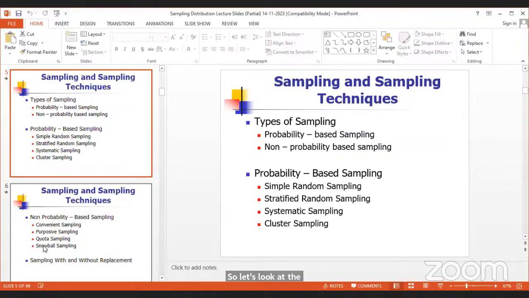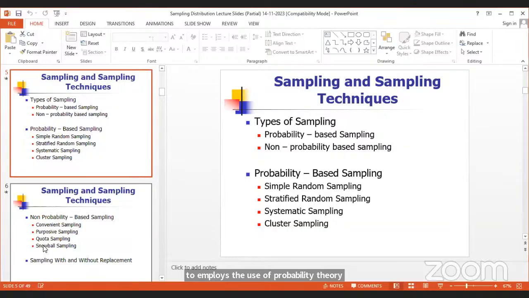So let's look at probability sampling. Remember I said that probability sampling employs the use of chance mechanism. It employs the use of random techniques. It employs the use of probability theory in selection.